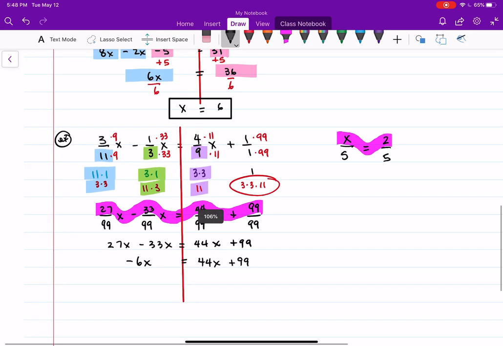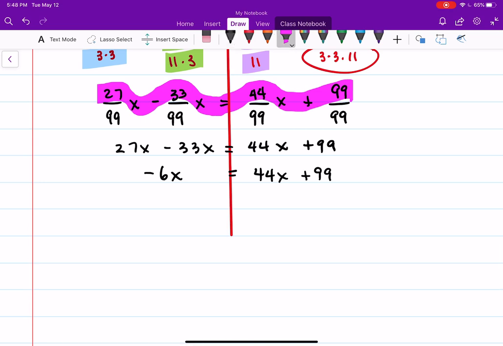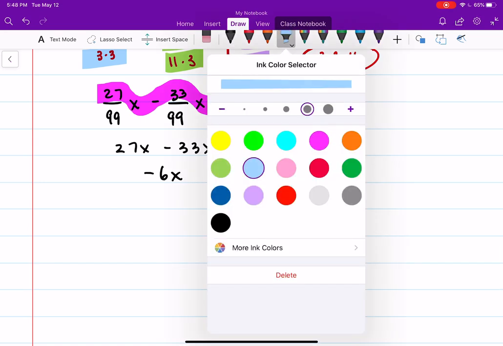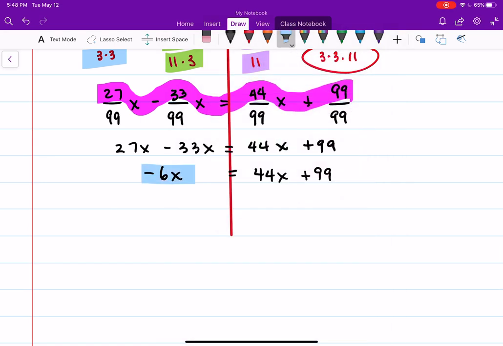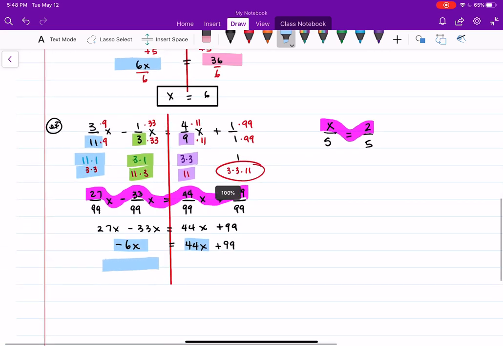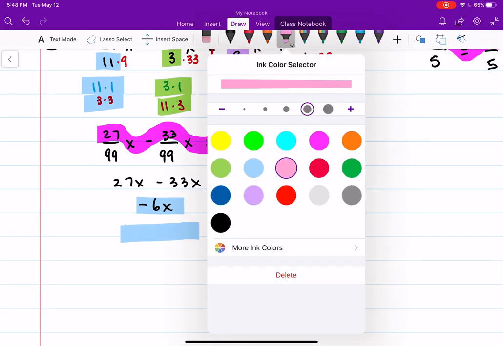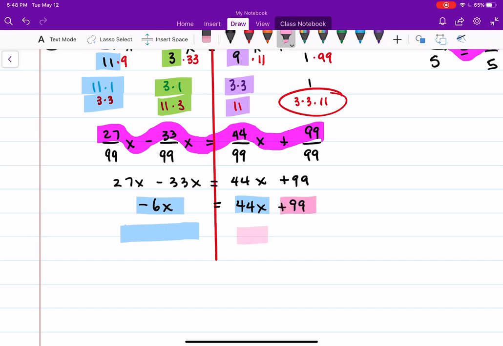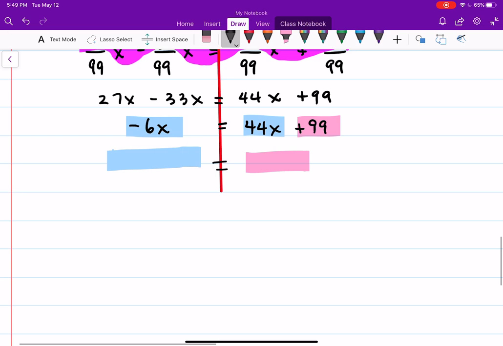So what did I do over here? X's were blue, so now I go to blue. I want the x's to be on this side, while the number in pink goes on this side, right? Awesome. Notice that the 99 is already there, but I have to get the 44x over to the other side.